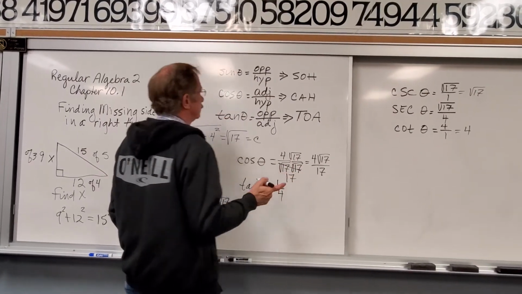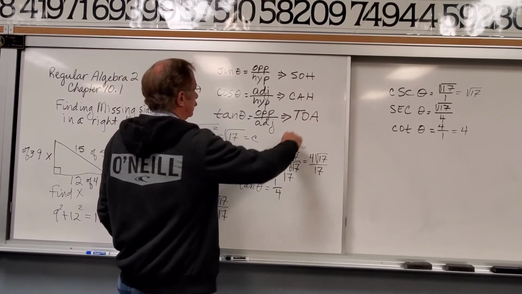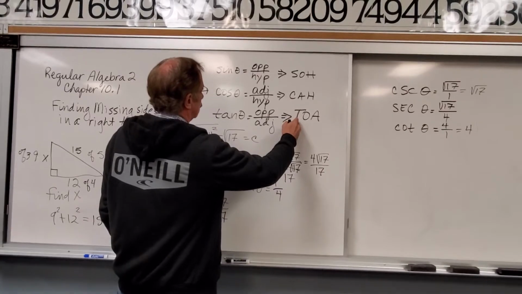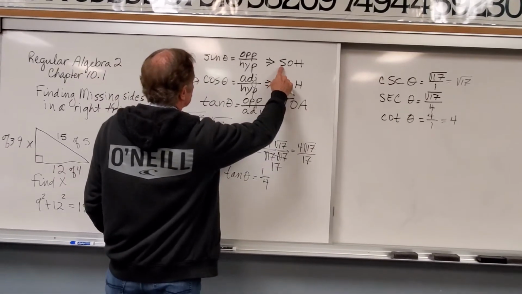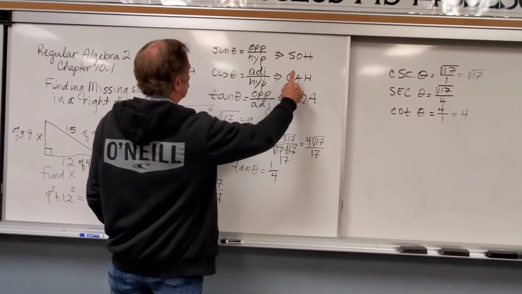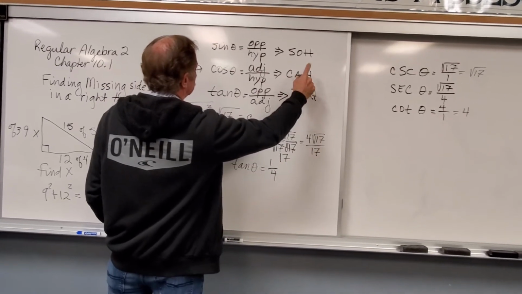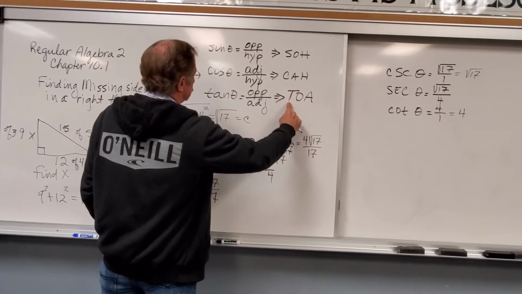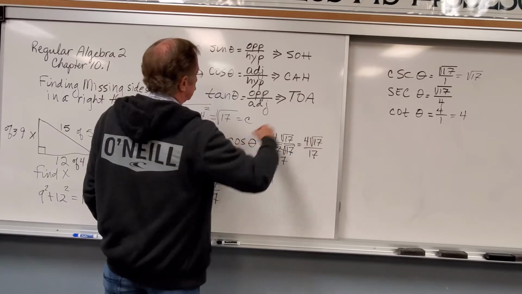Okay, get ready. This sounds funny, but it'll help you remember them. SOHCAHTOA. And that has the correct order of the pieces. Sine is opposite over hypotenuse. Cosine is adjacent over hypotenuse. And TOA is tangent is opposite over adjacent.